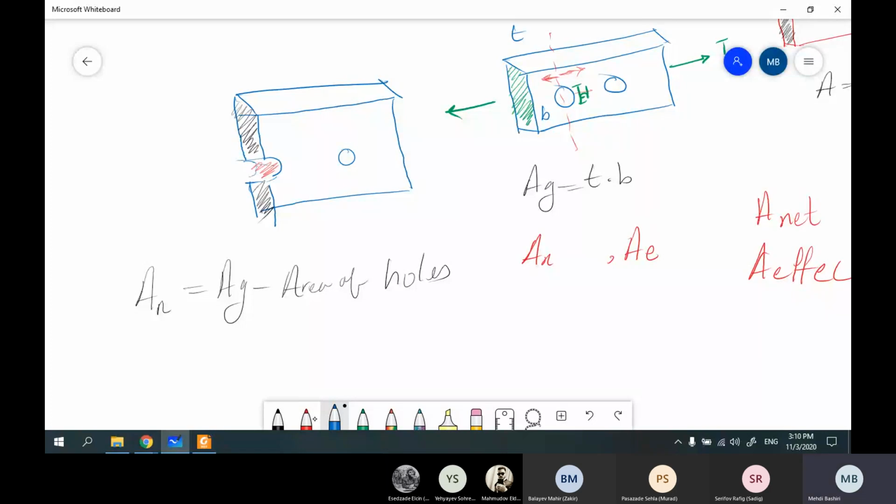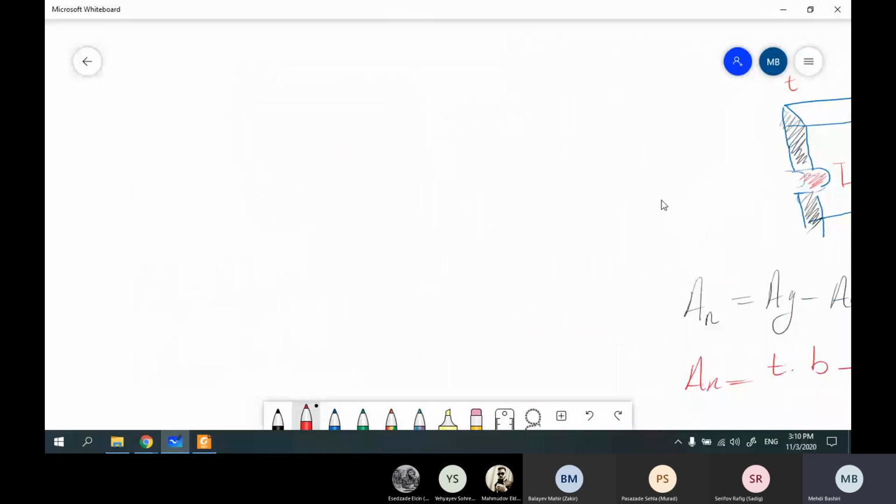We consider this as a rectangle, T and D. So for this case, we have just one bolt or one hole here. So AN is equal to T times B minus T times D, and we show it as T times (B minus D). It's obvious.